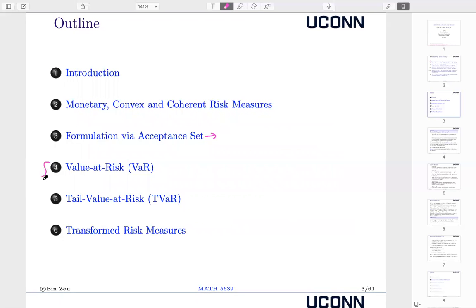Sections 4 and 5 are the most important sections of this chapter. In the final section, we will talk about a few generalizations. Here, VaR and TVaR, which I sometimes call conditional value at risk, are special cases of transformed risk measures.